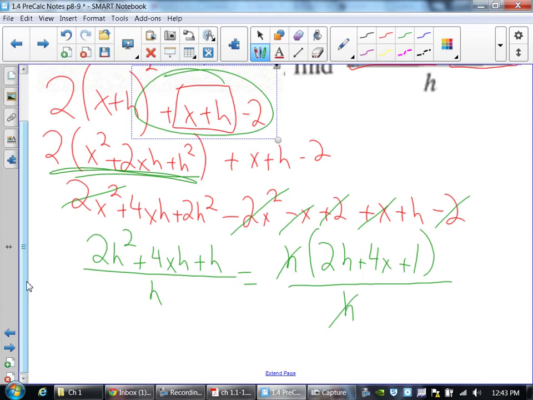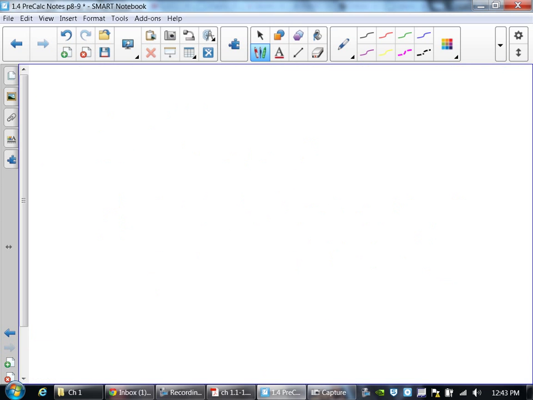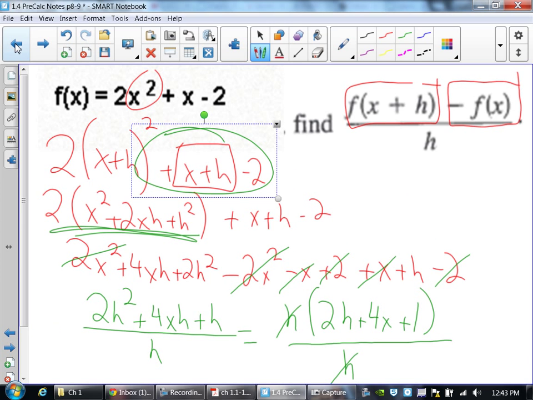Do this. I think I have one more here. Nope. Let me get another one here real fast. When I factored out the h, I took out the h from this thing. Let's try this one.